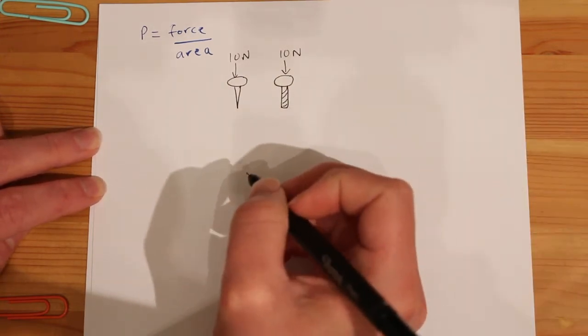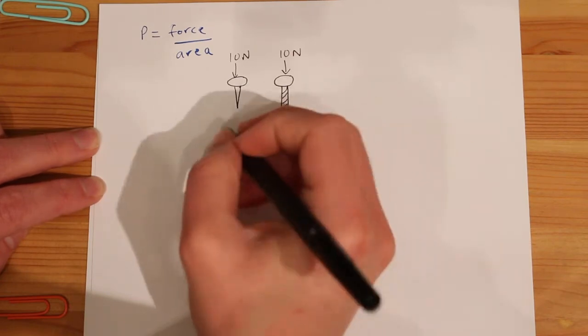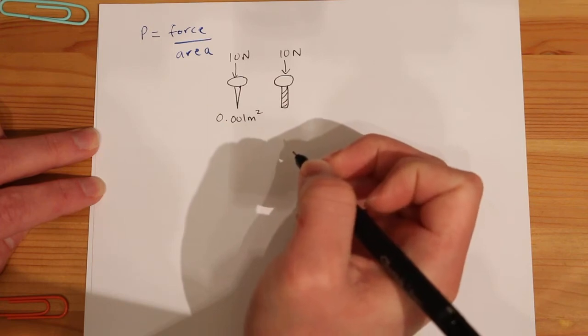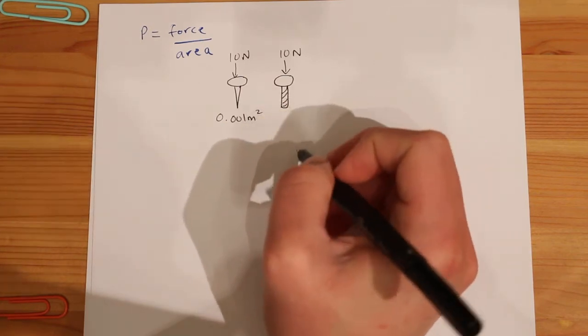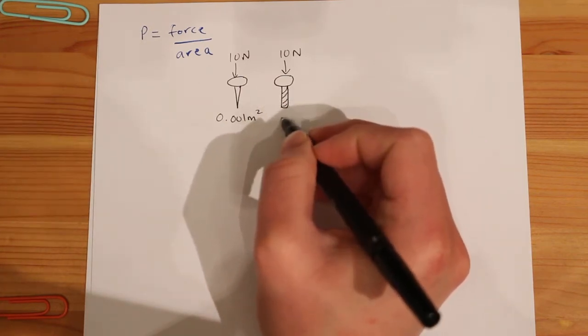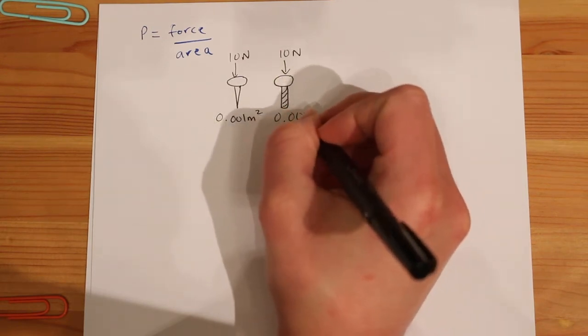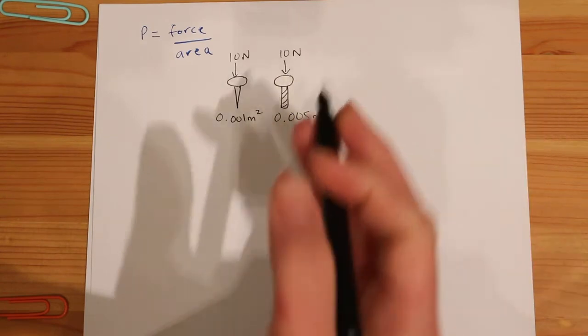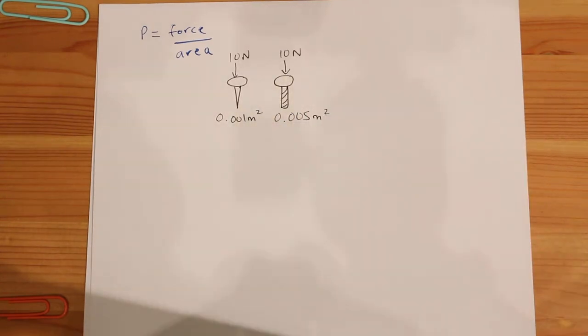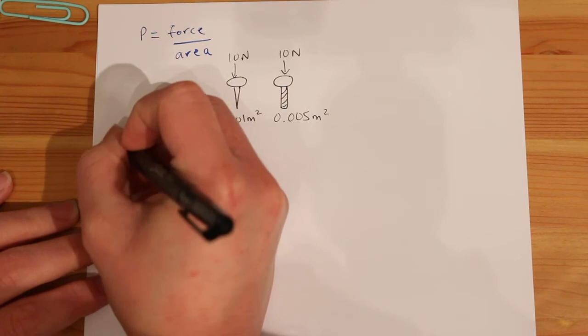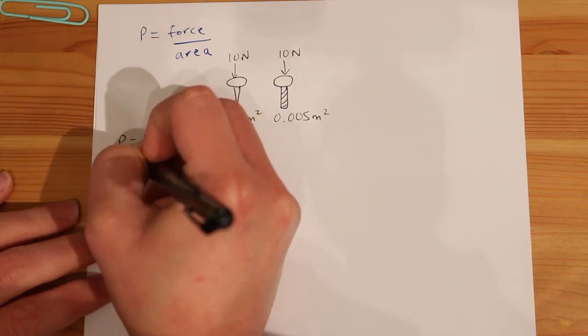Let's just say the surface area of the point of this nail is 0.001 meters squared, and that the surface area of the point of this screw is 0.005 meters squared. So if we wanted to calculate the pressure that each of these objects is exerting on a piece of wood, we would use our formula of pressure equals force divided by area.